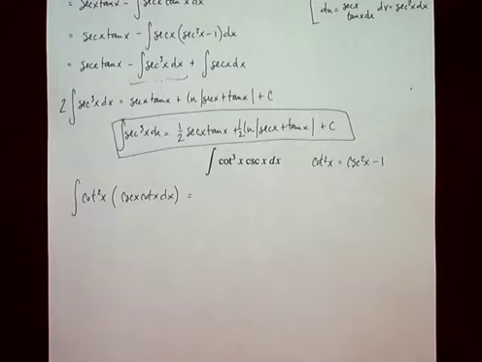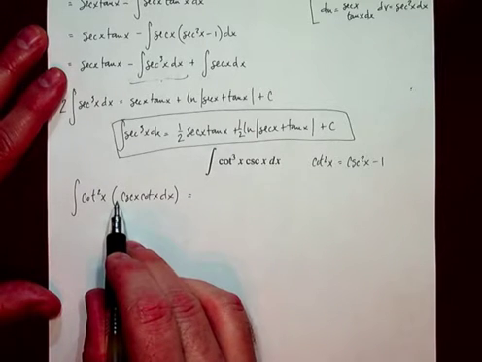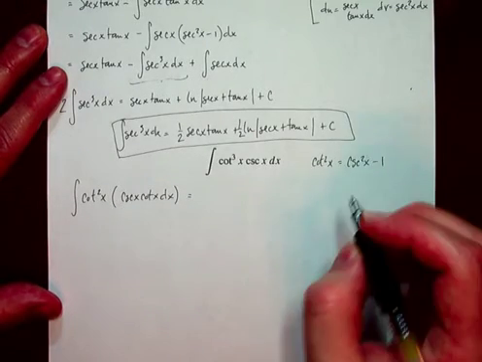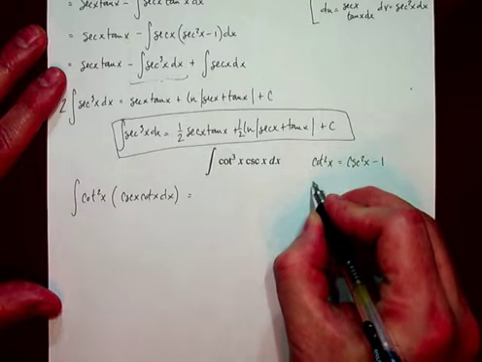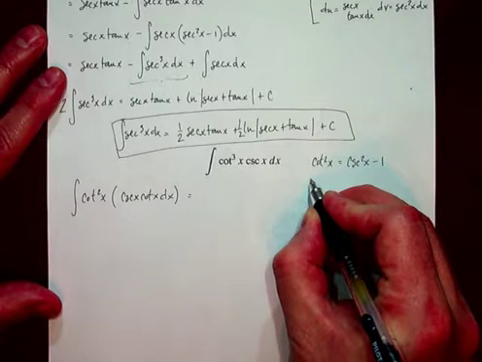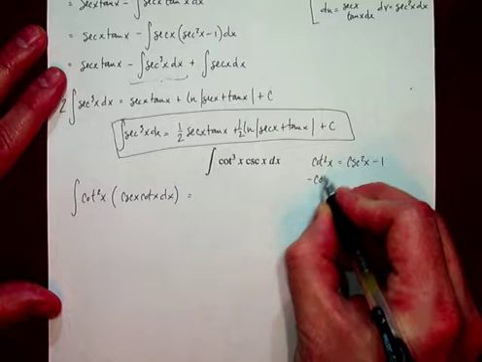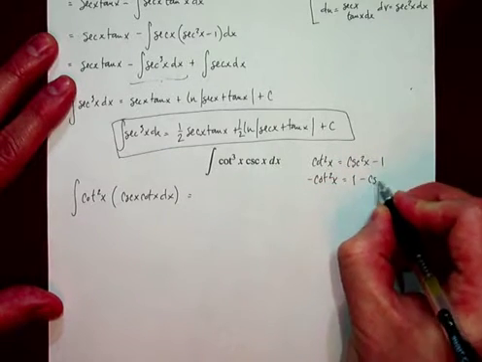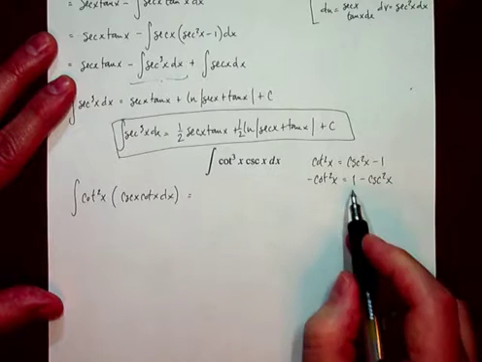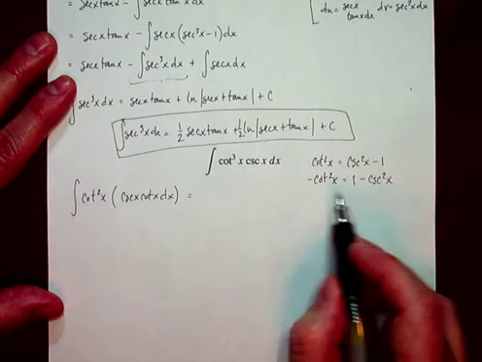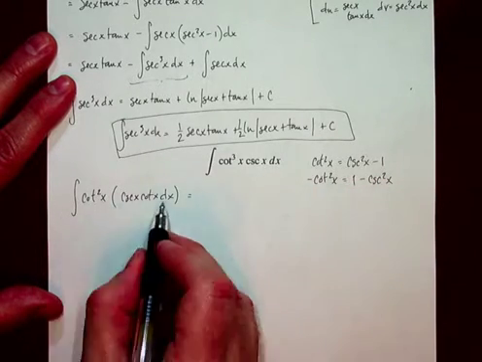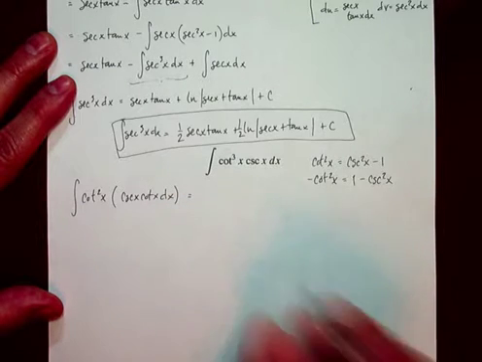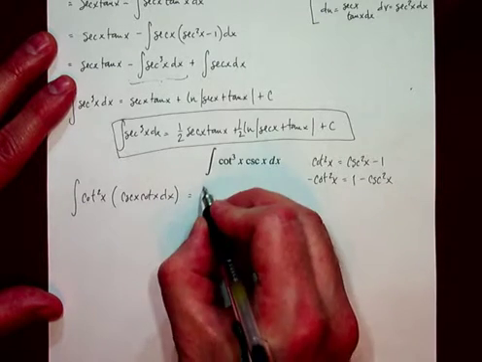But I also know that this needs a negative right here. So could I instead substitute in 1 minus cosecant squared x, and in doing so, turn this negative as well? And the answer is yes. That's entirely the reason why I'm doing it.